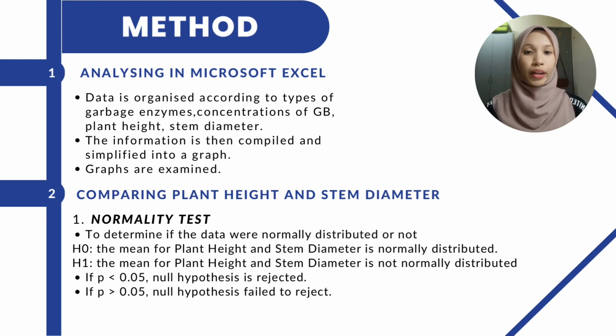Next, we are comparing plant height and stem diameter in response to the concentrations and type of garbage enzyme, and the first method that we use is the normality test, which determines if the data are normally distributed or not. For this test, the null hypothesis is that the means of plant height and stem diameter are normally distributed, and the alternative hypothesis is that they are not normally distributed.